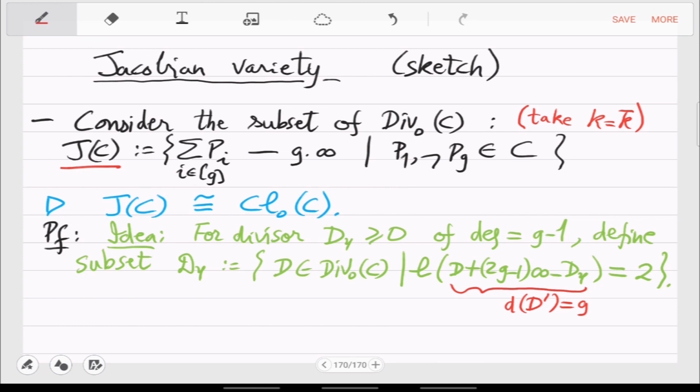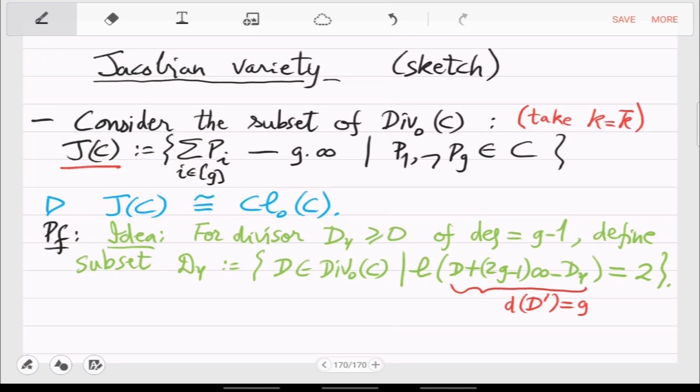So this is a subset of what? Div 0 is the place where it lives. Think of a fixed divisor d gamma, a non-negative divisor of degree g minus 1.